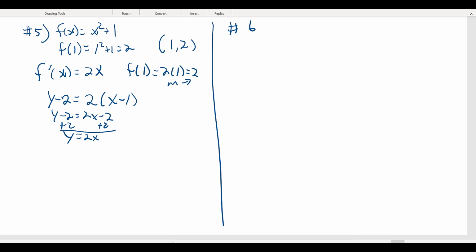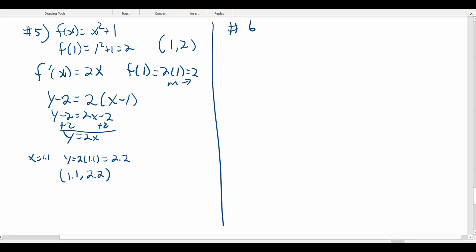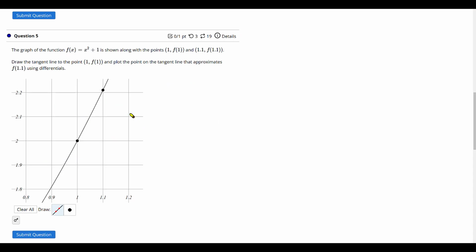If we want to find the other point, at x equals 1.1, y would equal 2 times 1.1, which is 2.2. So 1.1 corresponds to 2.2. Let's take that information and come back to our graph. Here's 2.2.